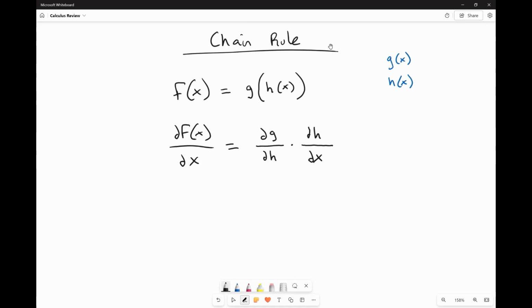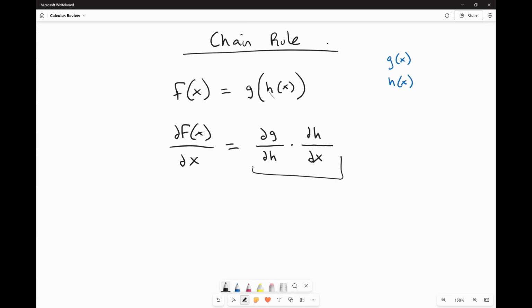The chain rule is actually quite important, so I might just pause here and explain it conceptually. When we have the chain rule, there is some outer function, and then there's a function inside of it. When we do the chain rule, we have to take the derivative of the outer function first, and then multiply it by the derivative of the inner function. And so that's where we follow this equation.